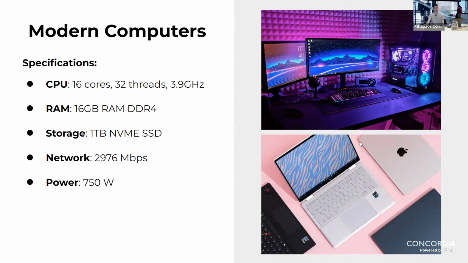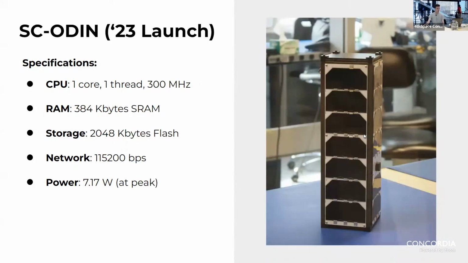Now, we'll compare this hardware to the specs that we had for the SC Odin mission. For our processor, we had 1 core, 1 thread, so a single processor running at a maximum speed of 300 megahertz. For RAM, we have 384 kilobytes, which is drastically less than what you can find in most modern computers.